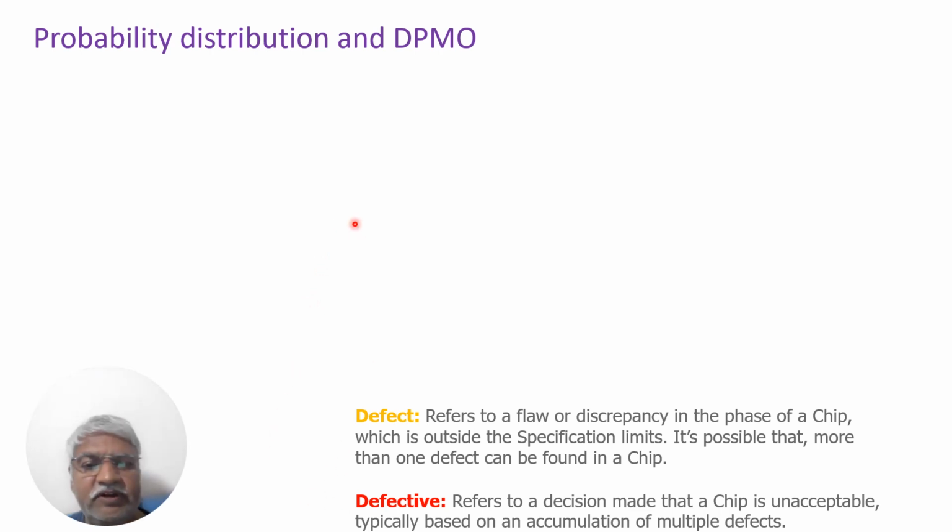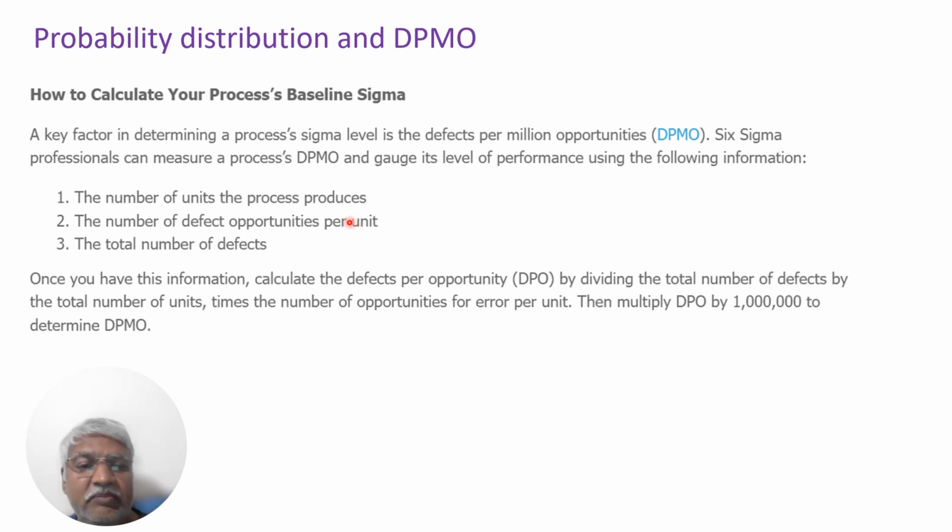So based on these defects and their severity, the chip is considered defective. Going further, the process baseline sigma will determine what yield it will give. Why we bother about the process baseline sigma, we will know a little more in the coming slides.